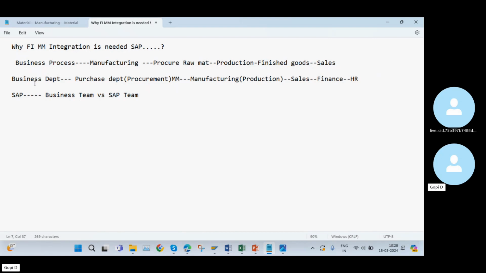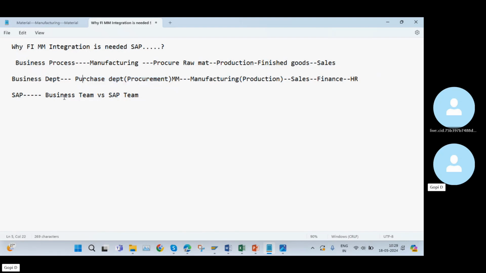So usually, while we observe any business, the procurement things are actually done by the business team of that particular client. But before that, I have one small correction.